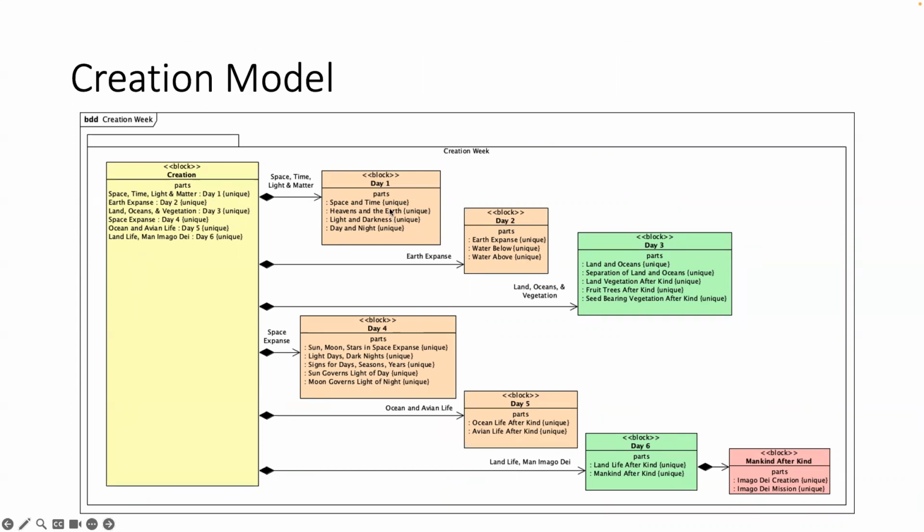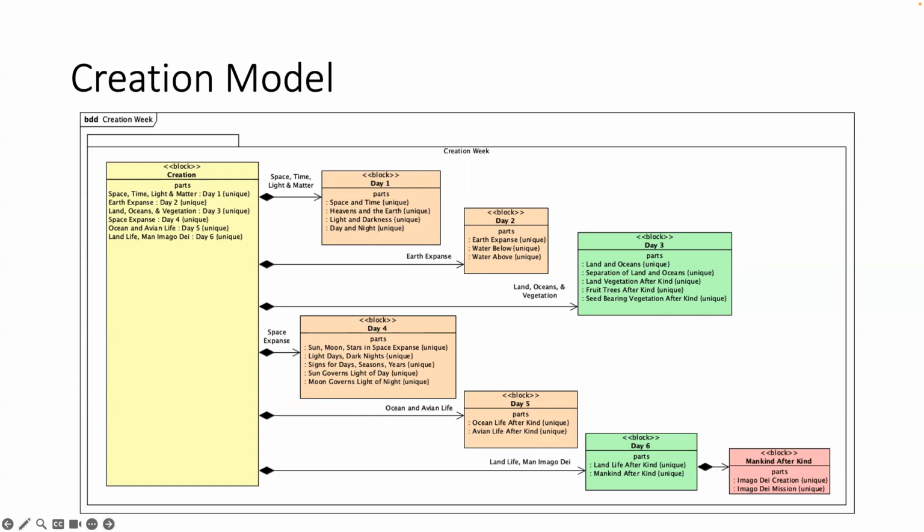First, there's the triplet talking about the Earth expanse, and then the space expanse. And there's things that are required. First of all, you need to have the basic things of the Earth squared away before you can get into having life, biological life, and finally having man.